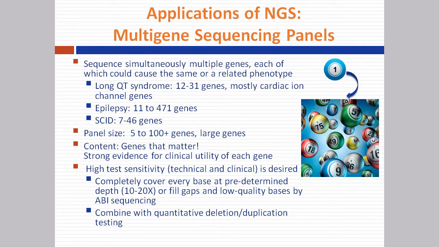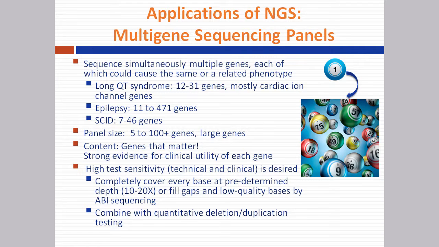So we can apply next-gen sequencing best by making panels of genes that we previously just did one by one because it was a heterogeneous disorder. Now we have the ability to look at whole panels of genes. We can design those panels really customized to include all of the genes that are very critical for a disorder, or we can include way more genes that we think there is some evidence for, that they could be in the same pathway, but there is no real clue or evidence that this is a disease-causing gene because nobody has found mutations yet.